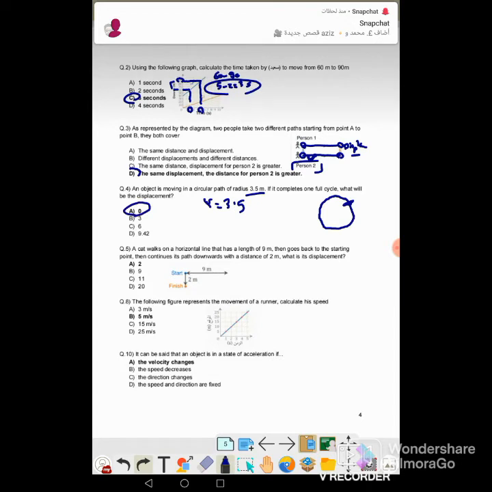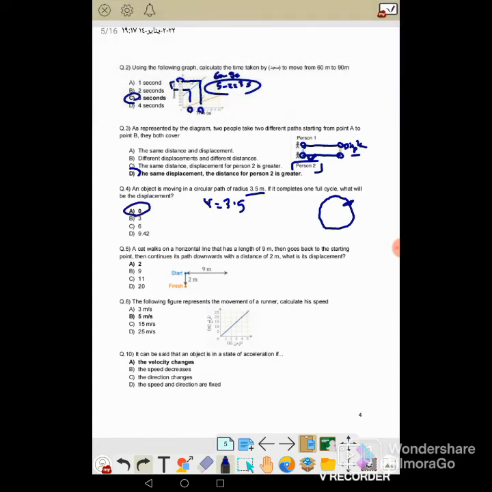A cat walks on a horizontal line that has a length of 9 meters, then goes back to the starting point. Till now displacement equals 0 again. The cat moves 9 meters and returns back 9 meters.